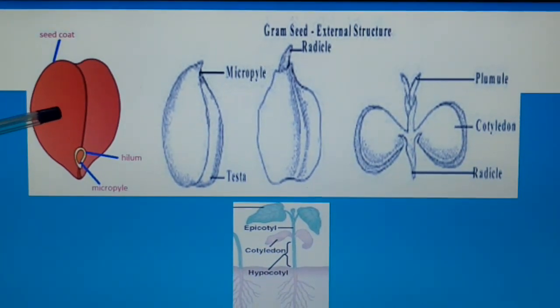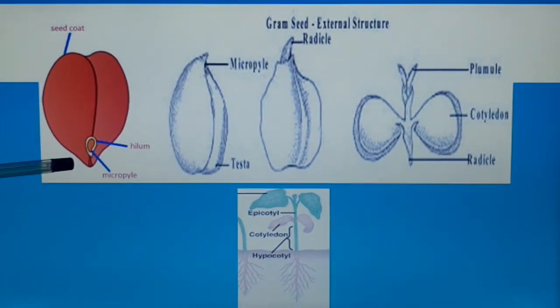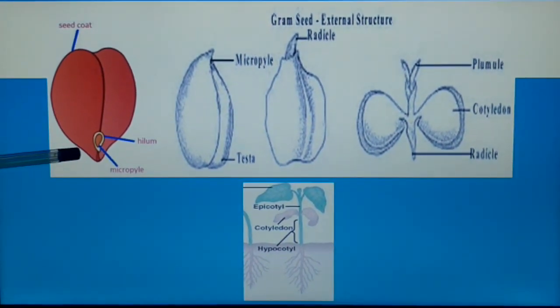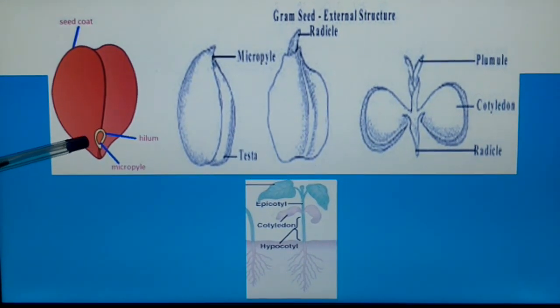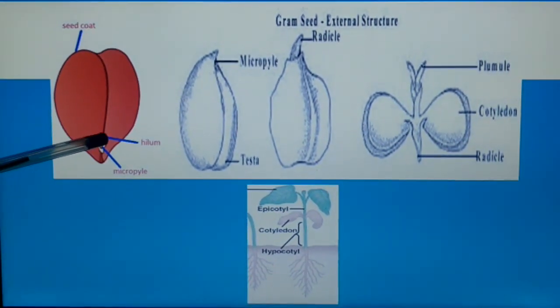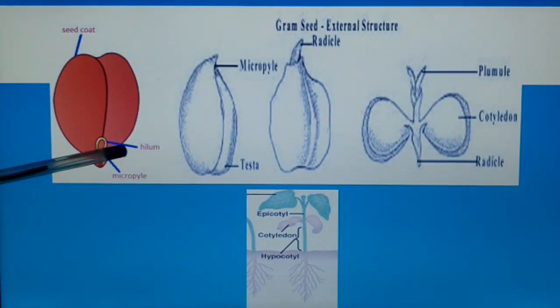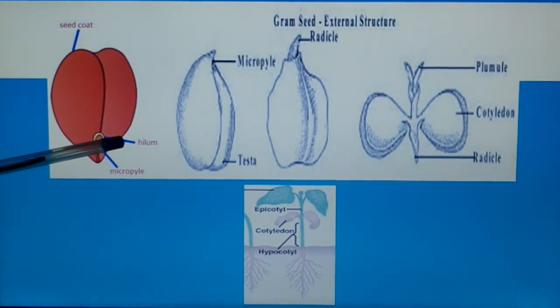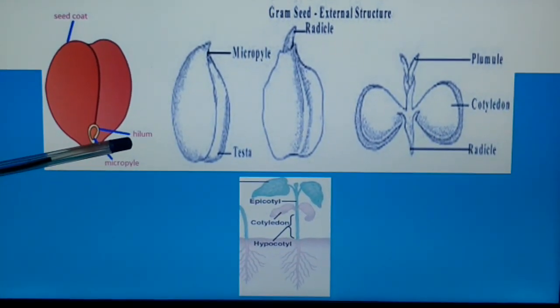Mature seeds are attached to the fruit wall by a stalk called the funiculus. The funiculus disappears, leaving a scar called the hilum.